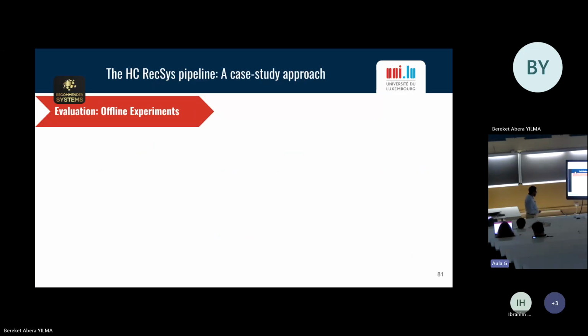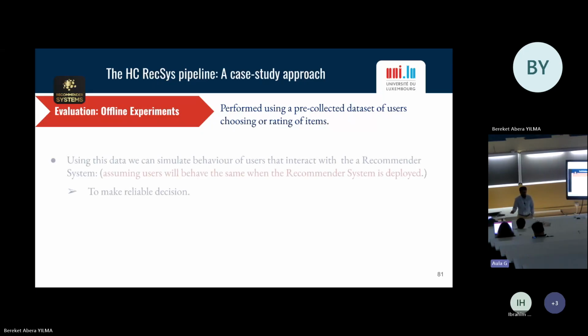So the first approach to evaluation, which is offline, is essentially, as I said earlier, based on the assumption that users will behave the same way, right? You have maybe real, maybe fake users in your data set that give some kind of rating, and then you assume when I deploy this model, users will behave the same way, which could not be the case because time changes, people change.